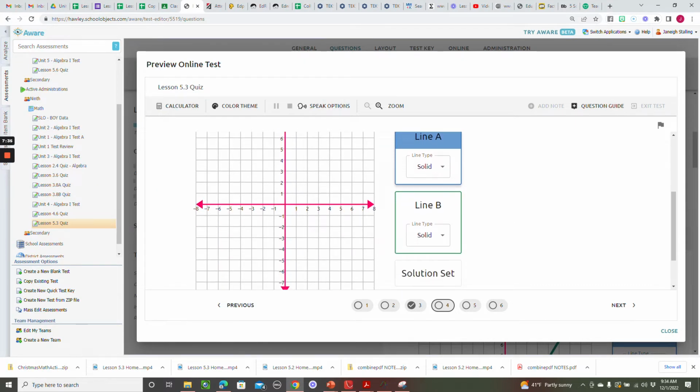All right, so now to graph it. 3, negative 3, we know there's a point there. So line A, we know the slope is 1 over 3. So from that point, we go up 1 over 1, 2, 3. Then we click on line B, and we know it's going to have this same point at 3, negative 3.